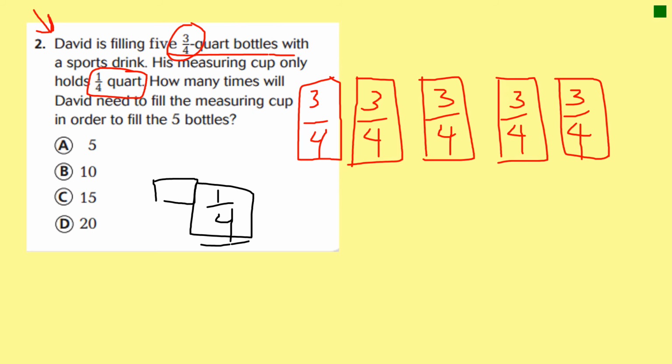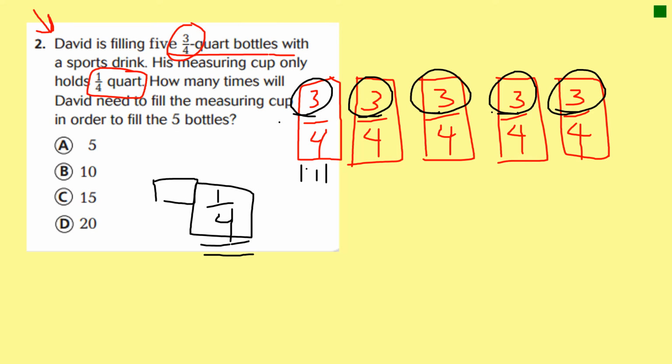So 1/4 is going to go 1, 2, 3 in there. 3 more is 6. 9. 12. 15. He has to scoop Gatorade 15 times in his 1/4 measuring cup.